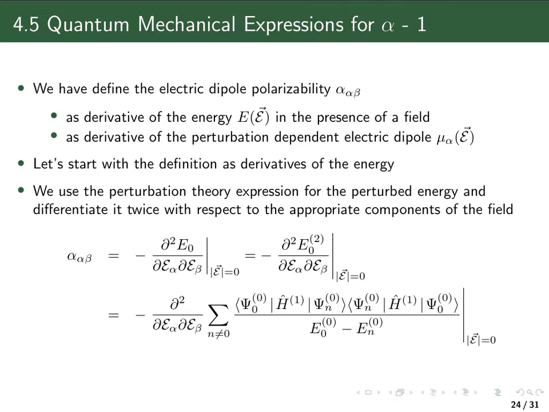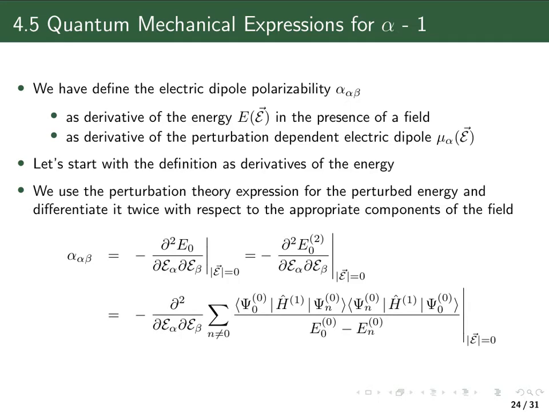Because the first order correction only depends linearly on the field, so if you take the second derivative, this goes away. And all the higher order corrections, third order, fourth order energy corrections, will become zero if you evaluate the derivative at zero field strength. So only the term which is quadratic in the field will survive, and that's the second order energy correction.